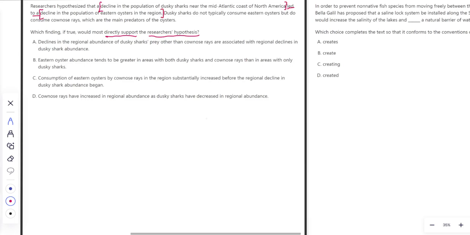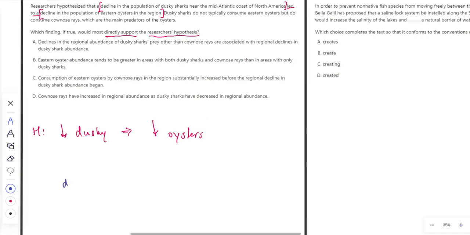Okay, decline in dusky sharks. Let me write it like this. Decline in dusky sharks led to a decline in the oysters. This is our hypothesis. Some more information: dusky sharks do not typically consume eastern oysters, but do consume cow nose rays, which are the main predators of oysters.